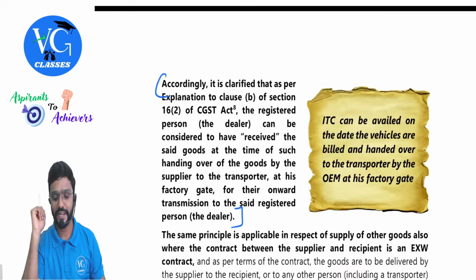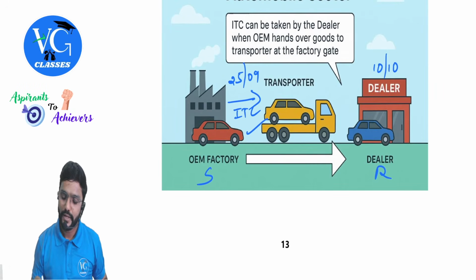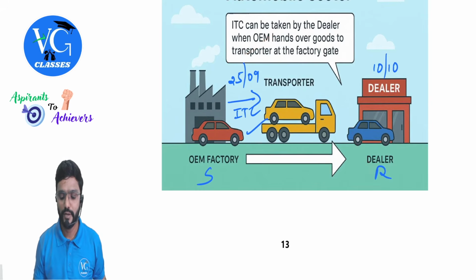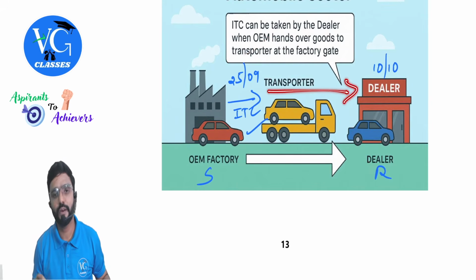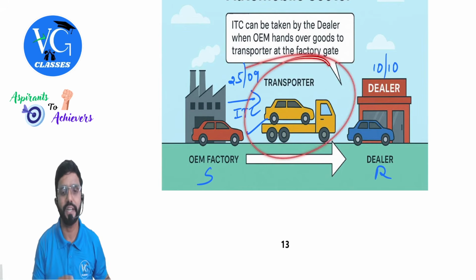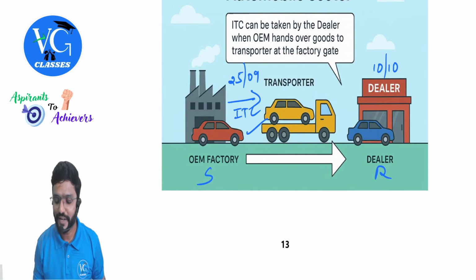Clear? So what they are trying to tell us, sir, is that the recipient was eligible to claim credit on 25th September itself. But before he received the goods, it was damaged, sir. It was lost, sir. So during transportation, the goods are lost. Now, can the dealer claim the ITC? No, he cannot claim the ITC.